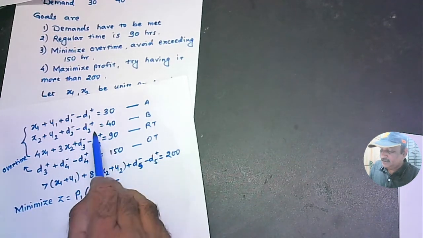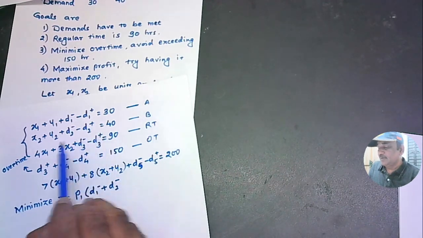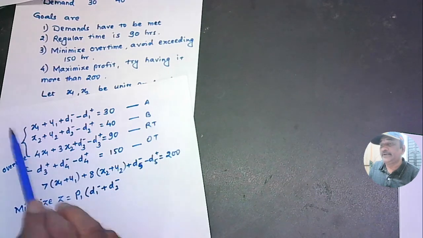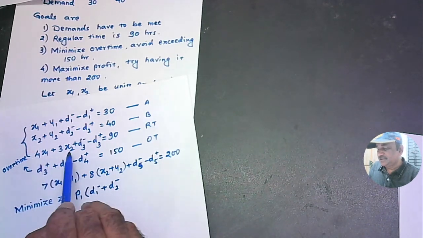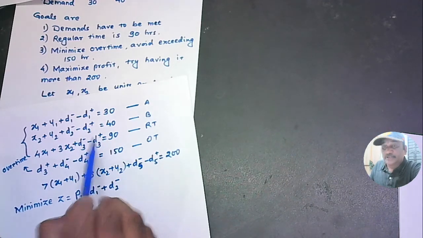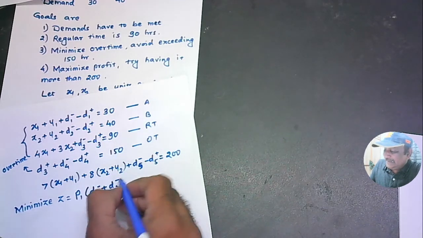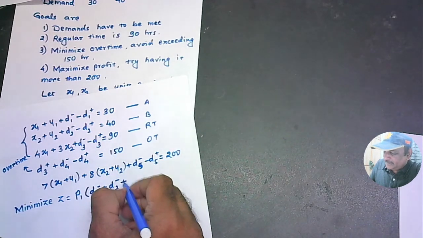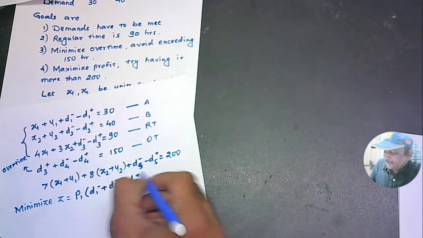Because if this is more, it will mean more regular time. I want to keep D3 plus as low as possible, so I will have D3 plus here.